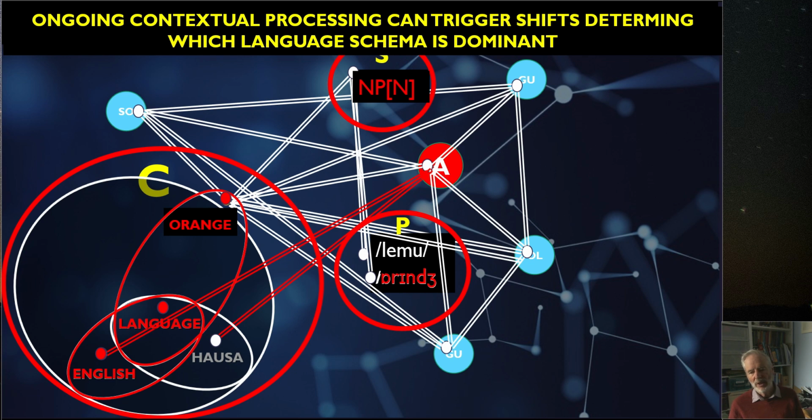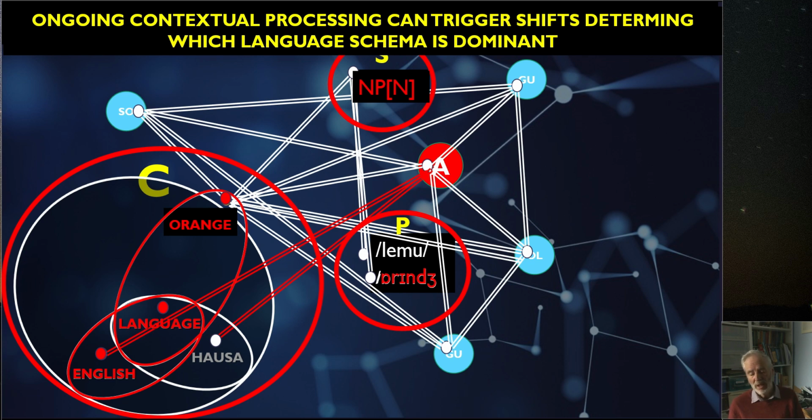One way or the other, the English part of this bilingual schema will get a stronger boost, and it will be activated, and the dominance relationships will change. So you can of course switch backwards and forwards, and that's the story about switching.